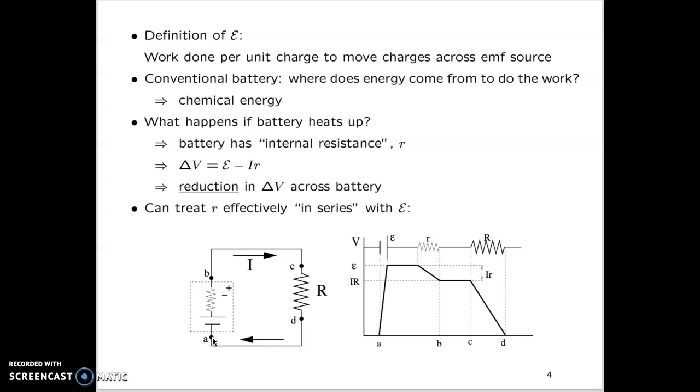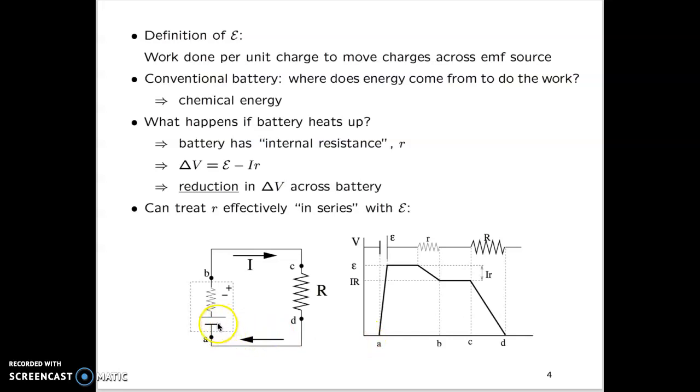So we start at point A, and as we walk clockwise around the circuit, the first thing we do is cross this battery. This is the way we're modeling the real battery, with an ideal battery and a little resistor which deals with the internal resistance.